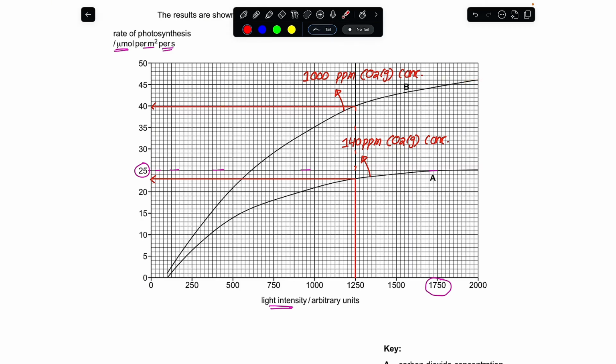For the third mark, we would say that since the carbon dioxide gas provided is so high, it remains in excess throughout and would result in more diffusion of CO2 into the leaves, and it would not become limiting, rather it would remain in excess. The fourth point would be that we know light energy provides the chemical energy for the photosynthetic process, and that is the reason that with increasing light intensity at 1000 parts per million of carbon dioxide gas, the rate of photosynthesis tends to increase.